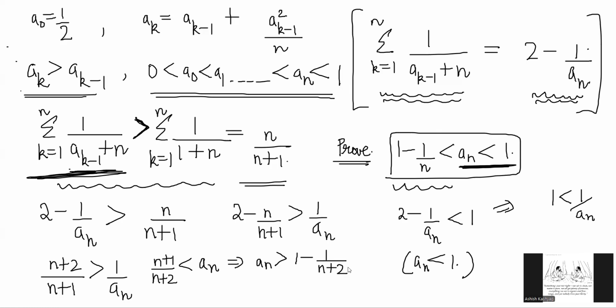Right? If an is greater than this quantity, automatically an is greater than 1 minus 1 by n, because 1 minus 1 by n is smaller than 1 minus 1 by n plus 2.